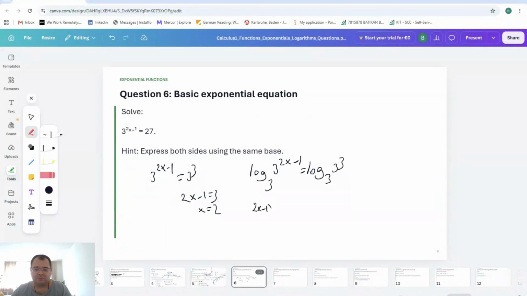That's why you can write this as (2x minus 1) log base 3 of 3 equals 3 log base 3 of 3. So this is 1, this is 1. You will end up with x equals 2.